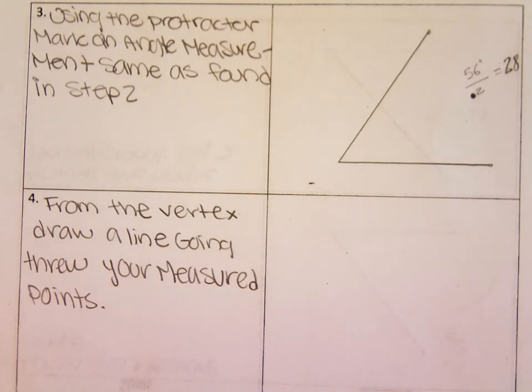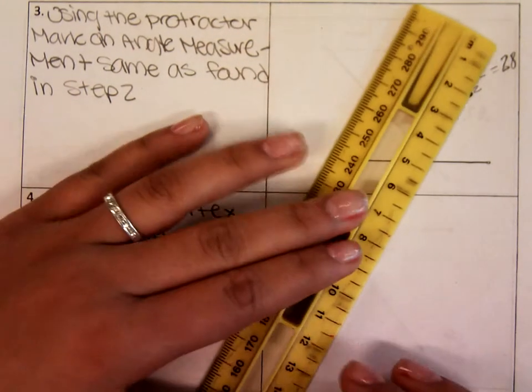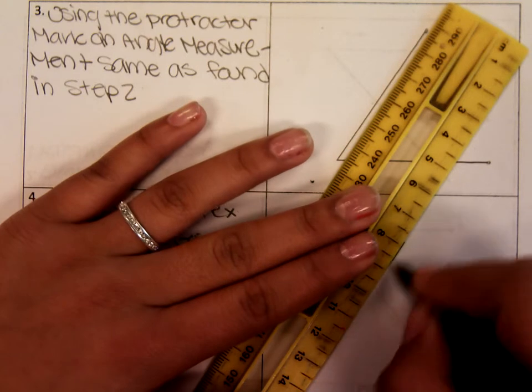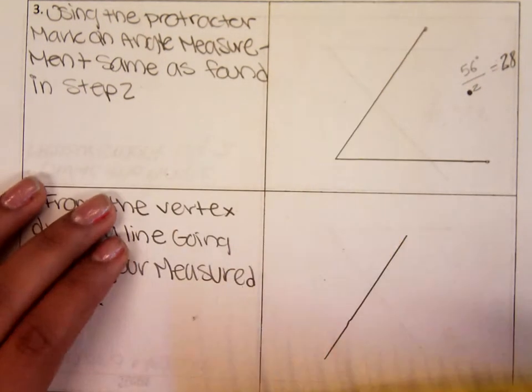Step 4. From the vertex, draw a line going through your measured points. So once again, she's going to draw her angle, where two segments share an endpoint.